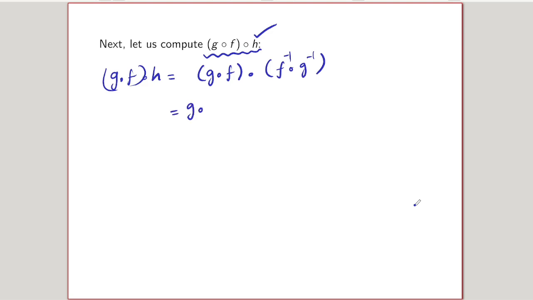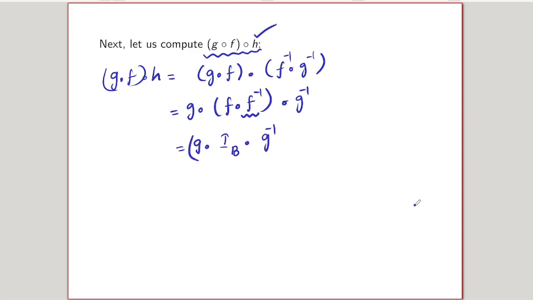So g composition, I am going to first apply the composition for f and f inverse. Since f inverse is in the second place, we'll get the identity map on the codomain of f. So it is g composition I_B composition g inverse.